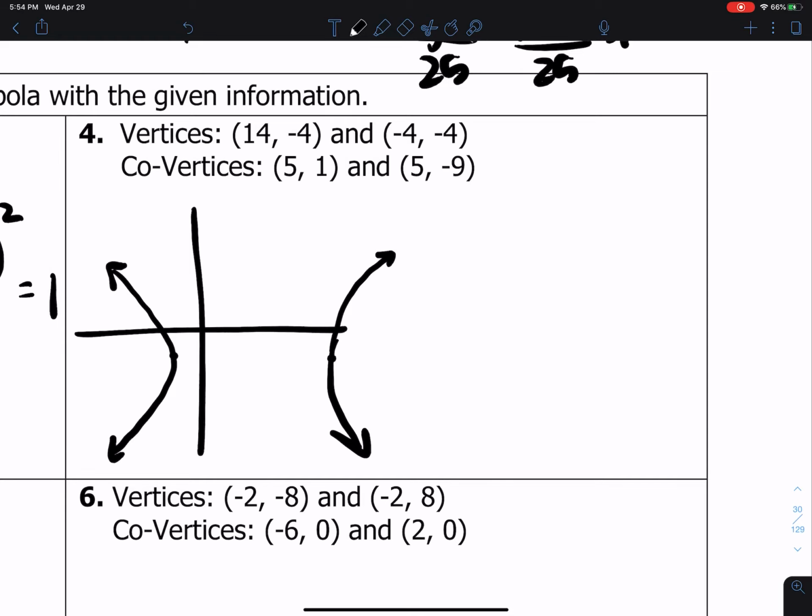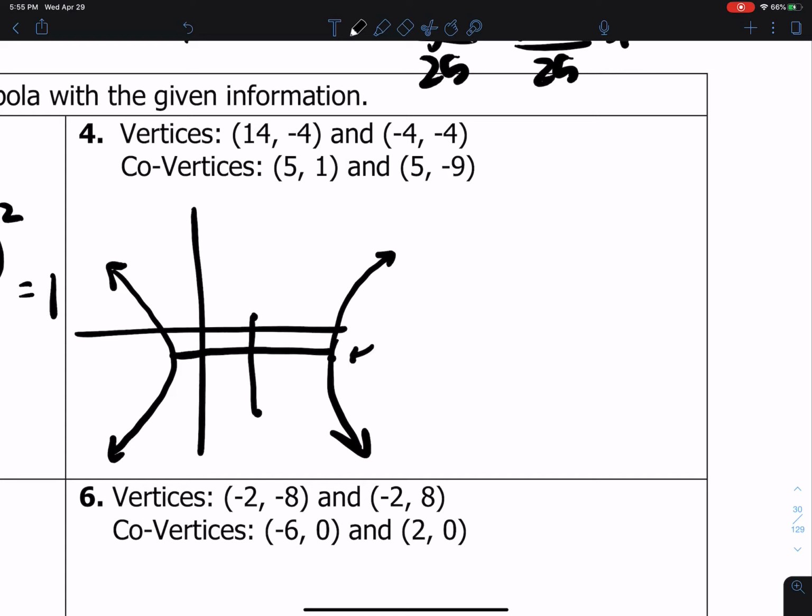Okay, and then the co-vertices are at (5, 1), so I'm going to put that about right there, and (5, -9). So now we need to see where the lines from these points intersect.